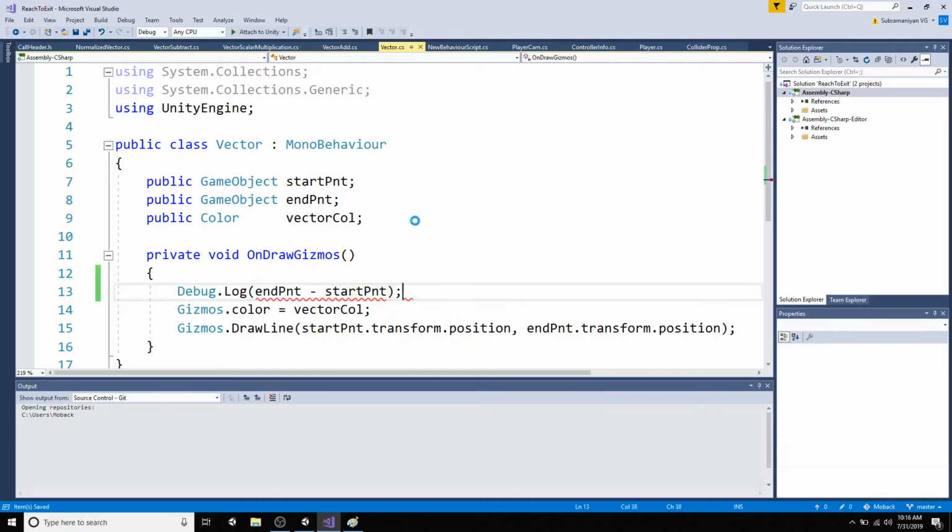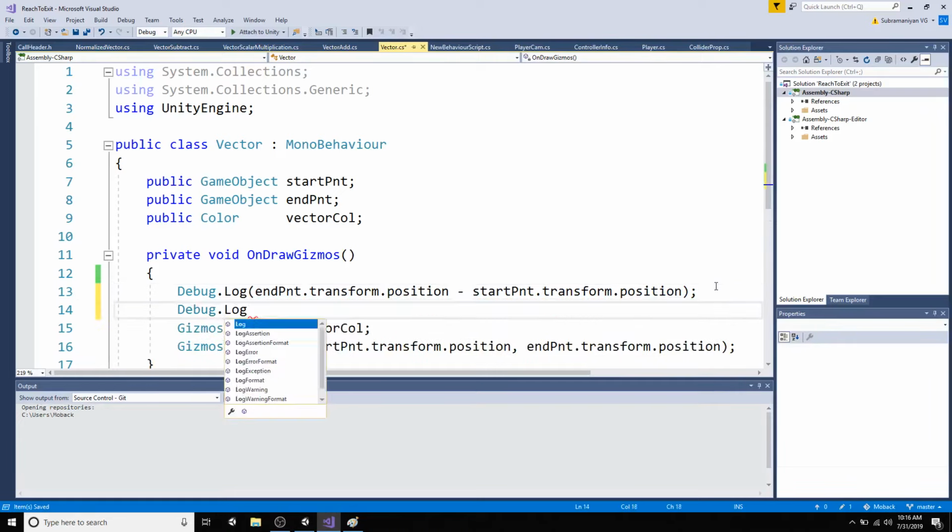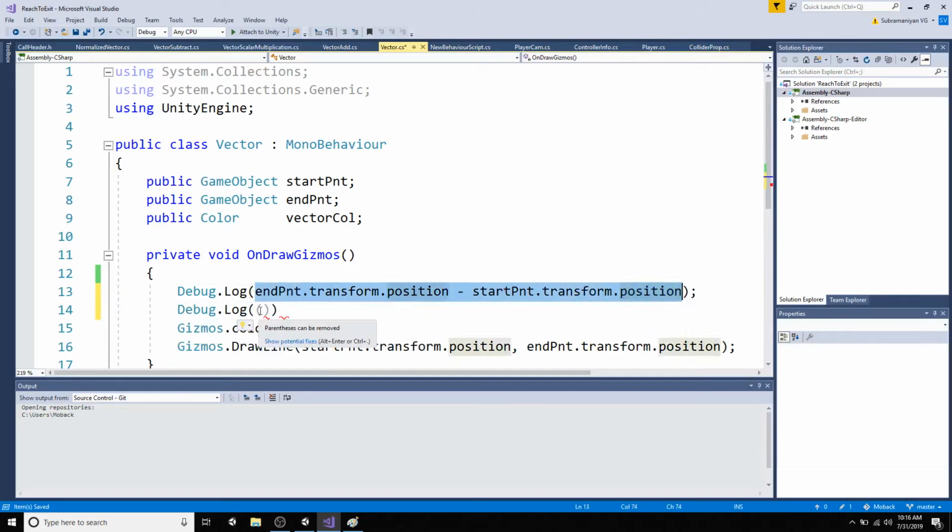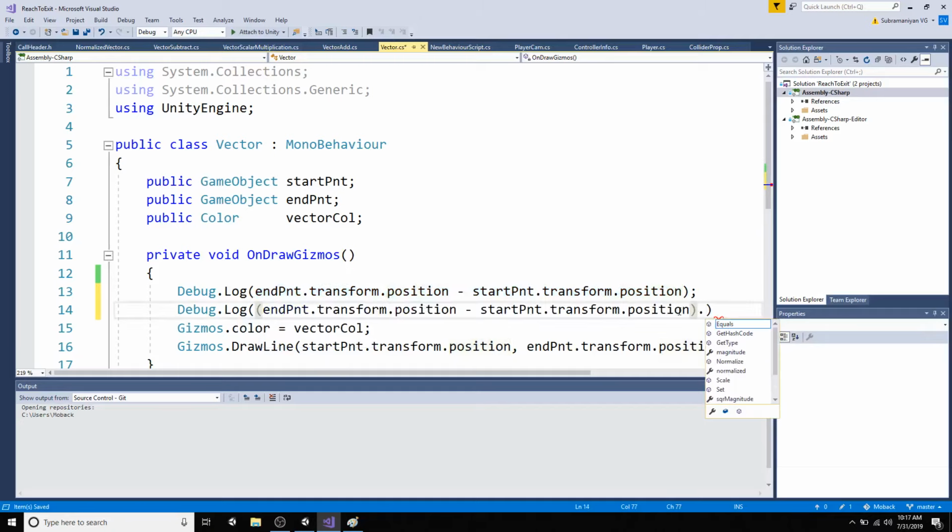When you use this formula you get the direction, that is endpoint.transform.position minus startpoint.transform.position. This gives you the direction, and if you want to compute the magnitude, this is the formula. You can use the same thing and put .magnitude.